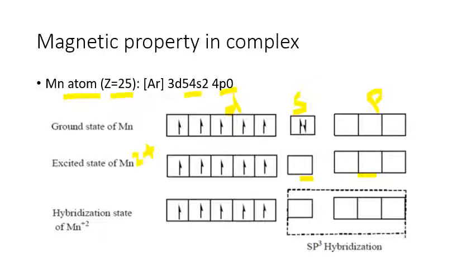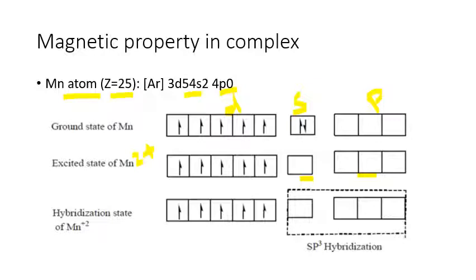Suppose a weaker ligand like bromide approaches this manganese ion. A weaker ligand does not affect the electrons present in the manganese, that is the half filled d orbitals.